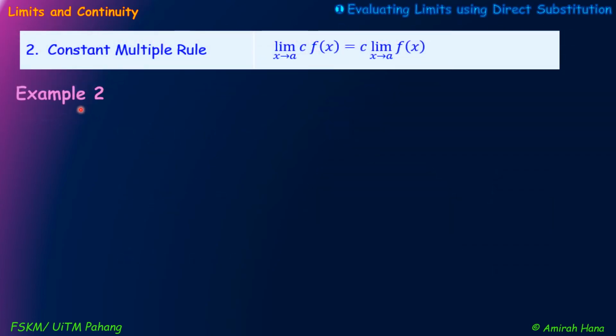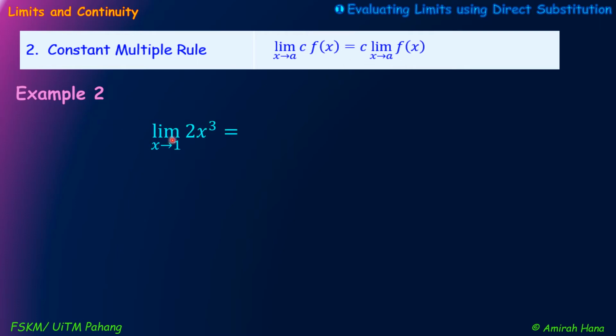Now we look at the example for theorem number 2 for limits, the constant multiple rule. If we have the limit as x approaches a of c times f(x), where c is a constant, we can move the constant c out of the limit expression, so we get c times the limit as x approaches a of f(x).